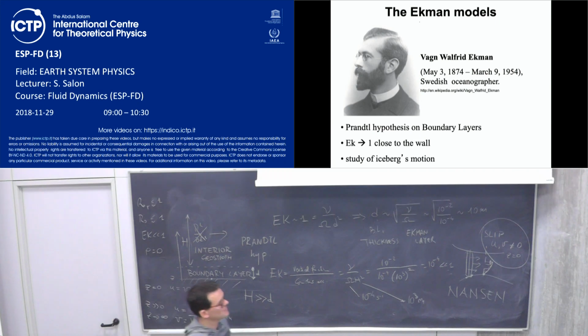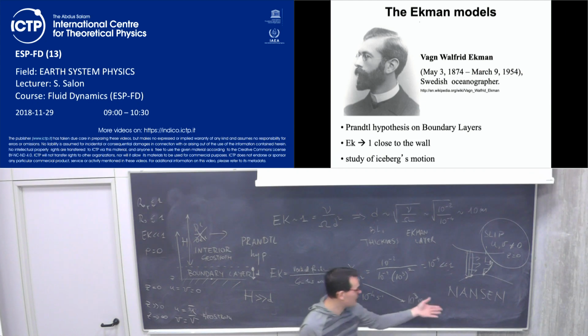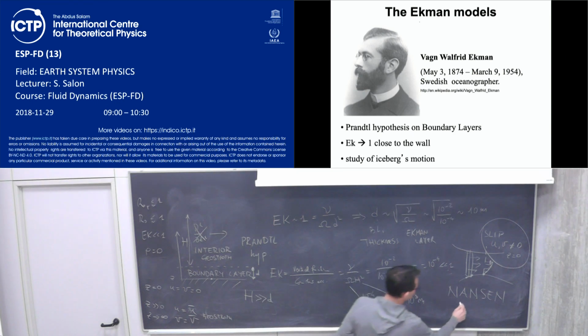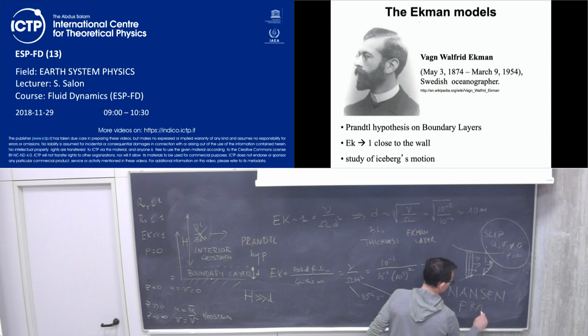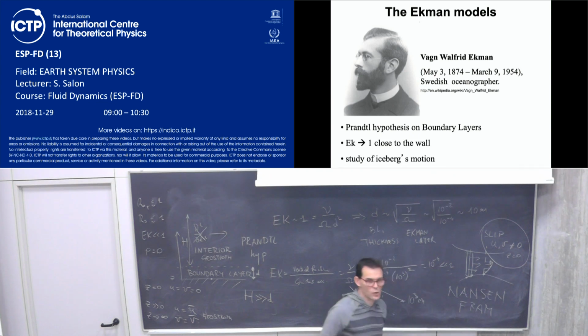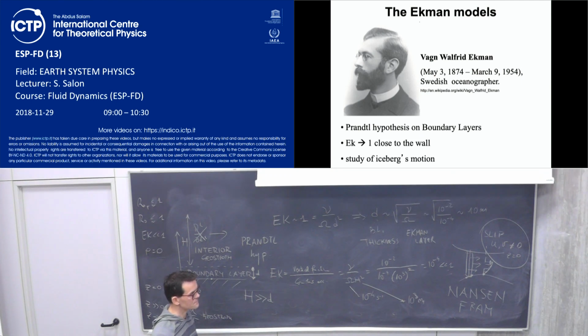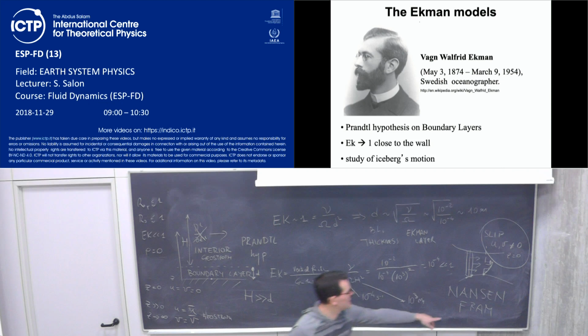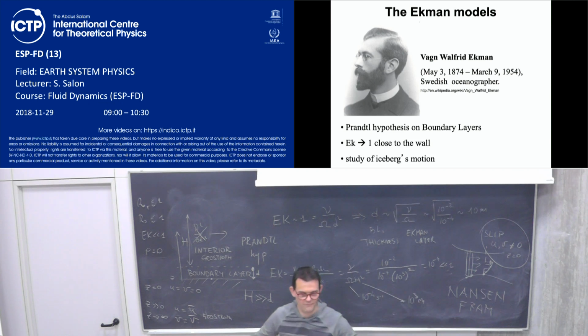And Nansen, you can find more or less all of this on Wikipedia, of course, but also in the book. But it's a very nice story because Nansen built a ship which is called Fram. If some of you go to Oslo, for example to do a PhD, you can go to the museum and there is the ship, very beautifully conserved, with all the story of Nansen.